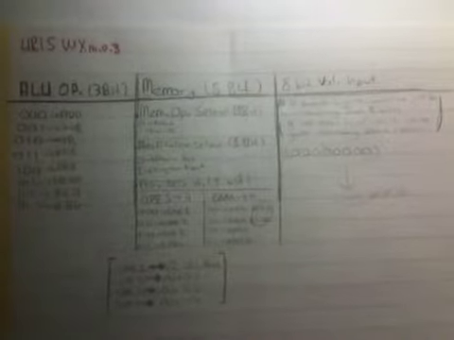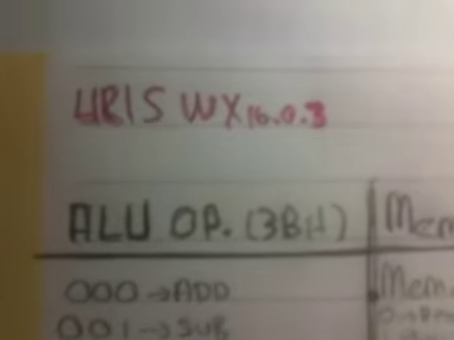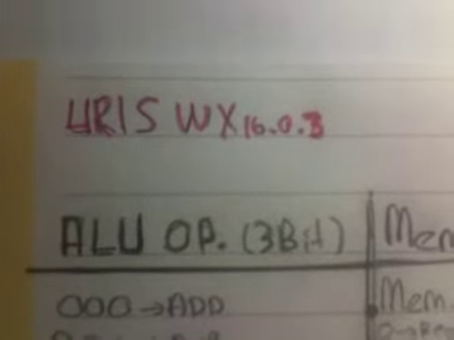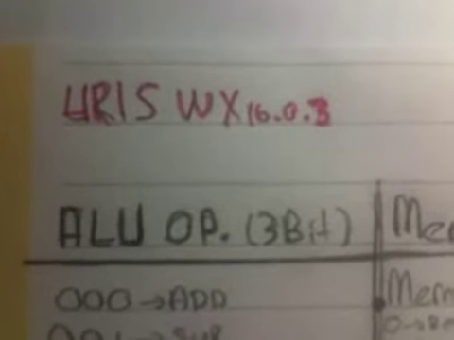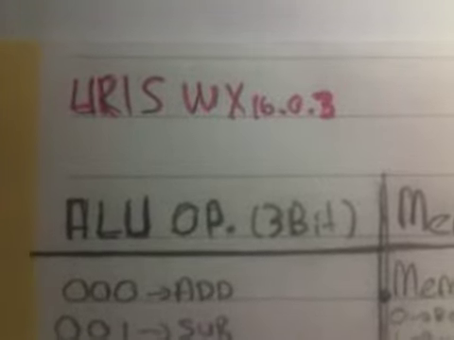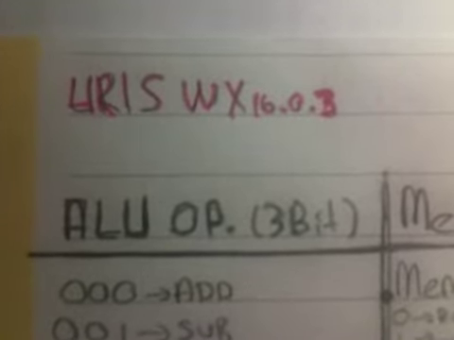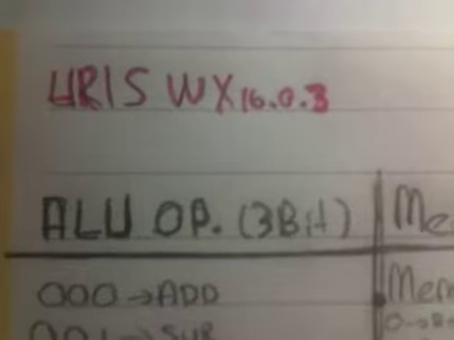And so yeah, again, sorry about this shaky stupid camera I'm holding. If you actually want the name, it's URS XX 16.0.3, which stands for Ultimate Ready Instruction Set. XX stands for Riot Xander, which is my in-game name.